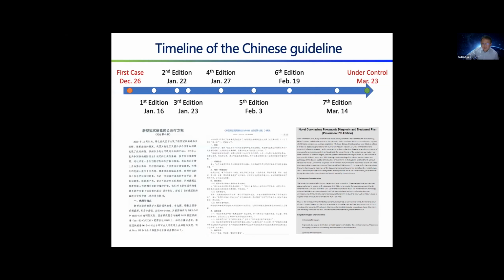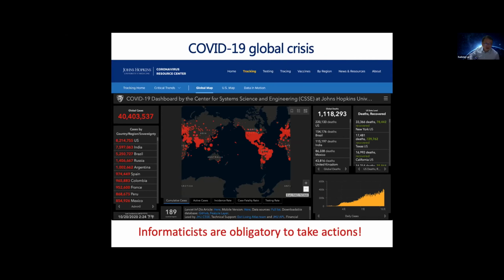So far there are already over 14 million global cases. So of course there is lots of medical research around the diagnosis and the therapy. But for us informaticists, it is also our responsibility to do something to help in this situation.